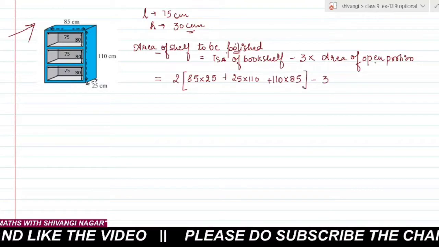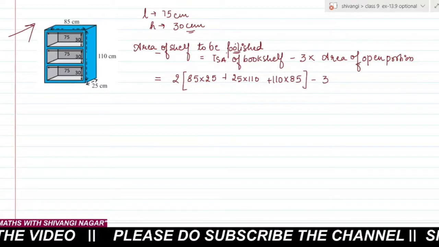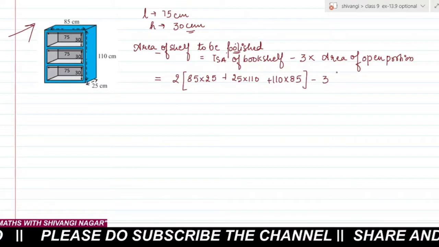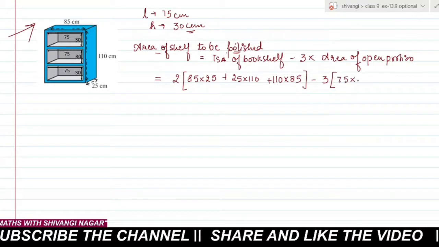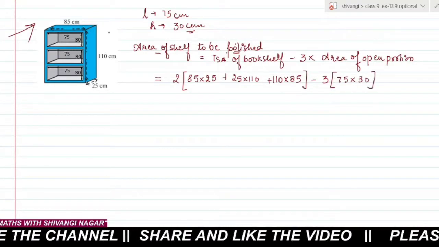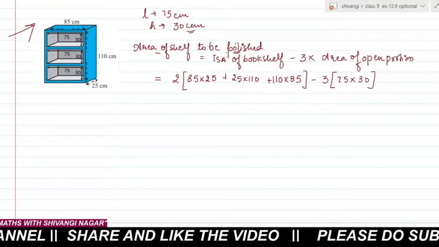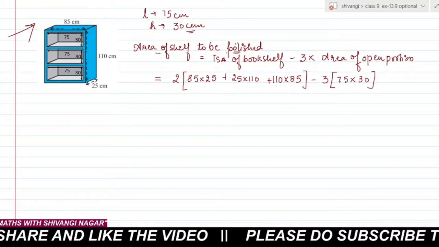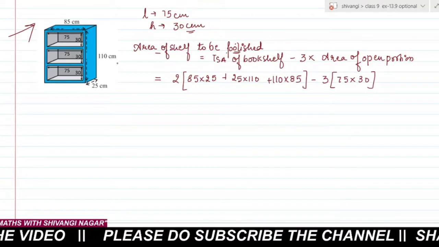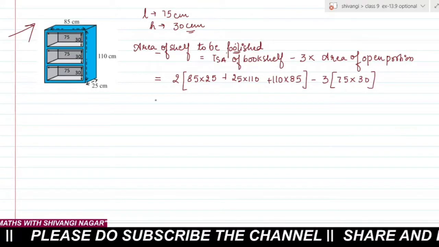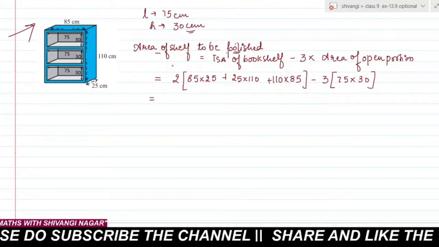Minus 3 times area of the open portion. Area of the open portion is 75 into 30, because they all are rectangular in shape, so the length is 75, and this height, which we are taking as breadth, we have found out is 30. Now we just have to calculate the things.